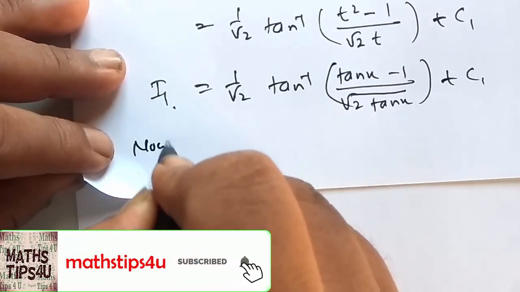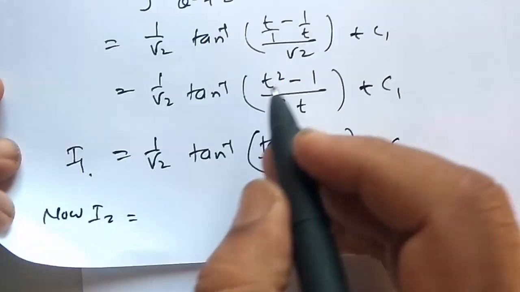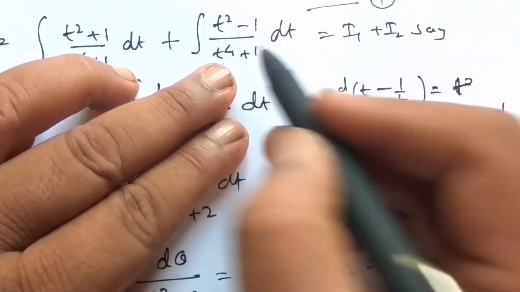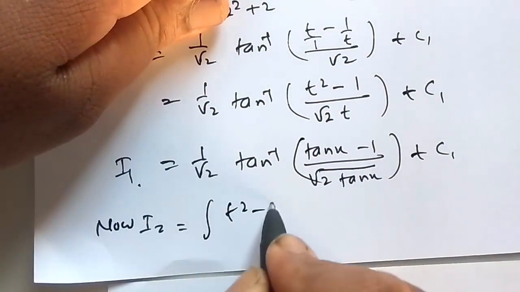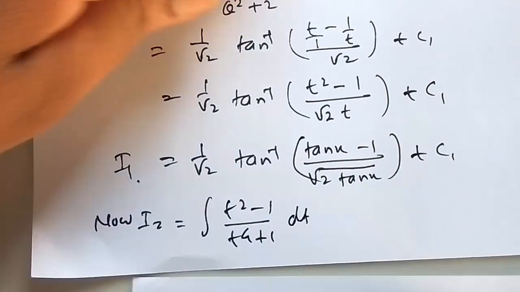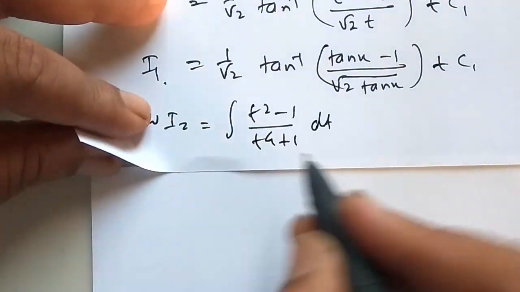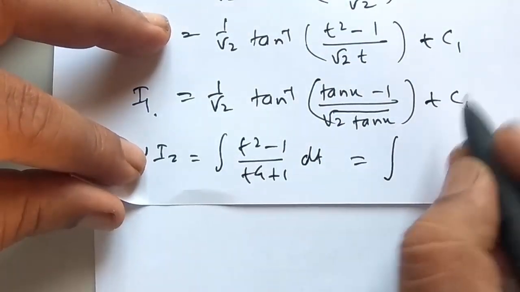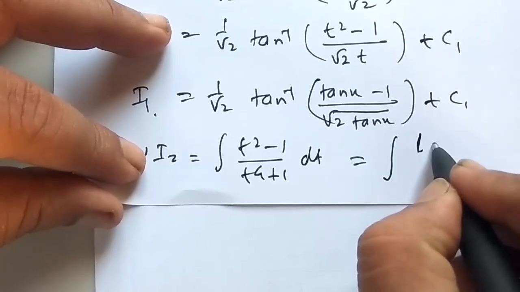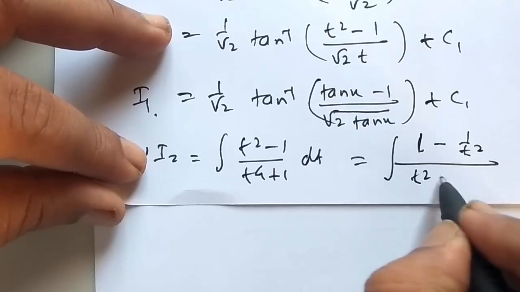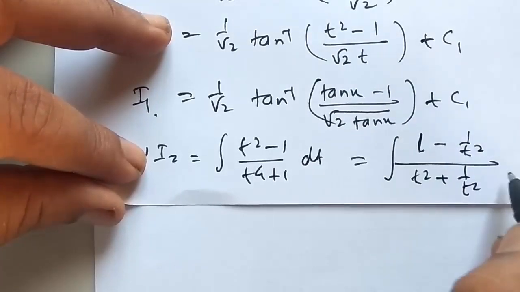Now I2 is equal to integration of t square minus 1 upon t raised to 4 plus 1 dt. We divide by t square, so it is integration of 1 minus 1 upon t square upon t square plus 1 upon t square dt.